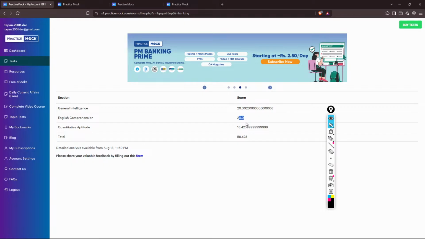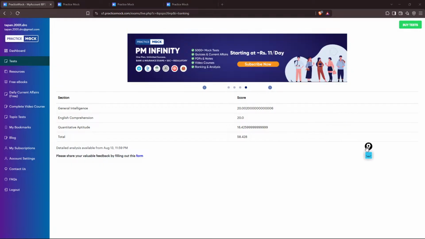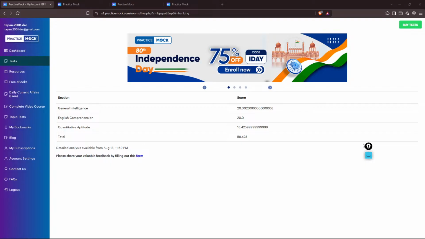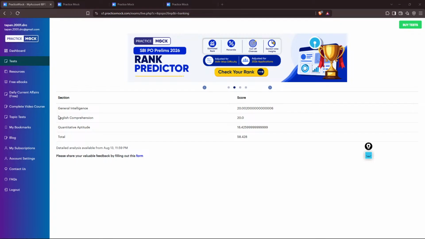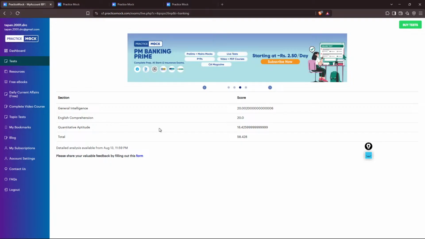English also, it's not quite up to that mark, but I think I need to do the reasoning section with a bit more clarity. I'm taking too much time for that. The English was also quite difficult. It's seeming to be quite difficult for the last few tests, so I may need to work on that also.